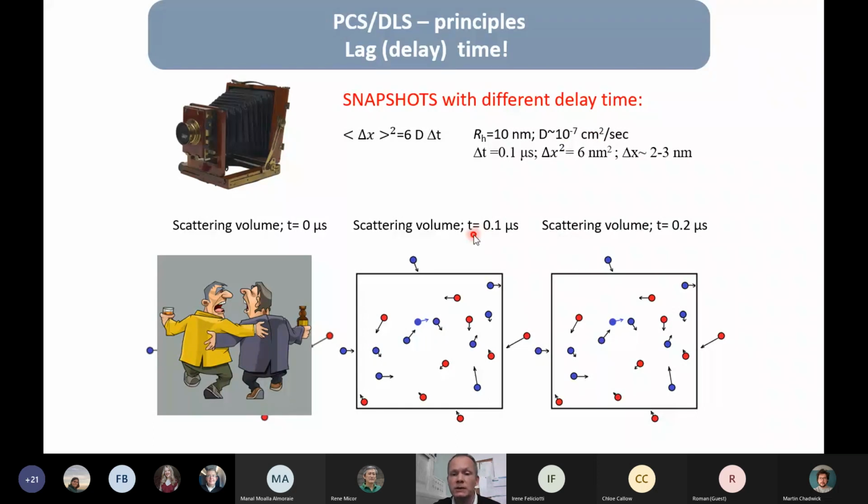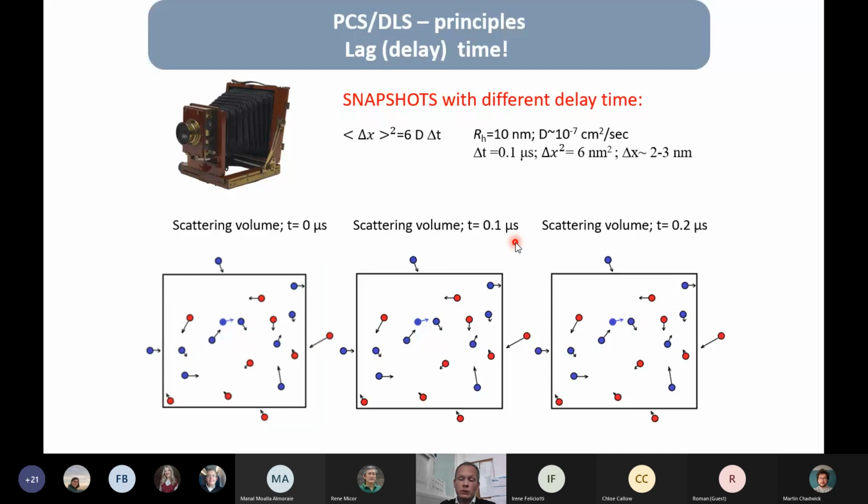So with 0.1 microsecond delay time between snapshots, there will be no changes between snapshots, and that means we can actually predict how many students or how many proteins will be on the next snapshot, and that means that we have a very deterministic, a very predictable system. We know exactly how many proteins we will have in every 0.1 microsecond.